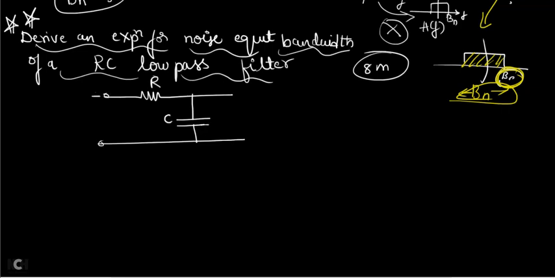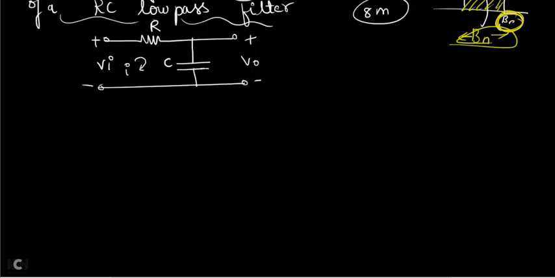Consider the input as plus minus Vi and the output as plus minus V0. Consider this is the current I. I am taking this only for the purpose of applying KVL. Now if you apply KVL to this first loop, what are you going to get? Minus Vi plus R into I plus V0 is equal to 0.